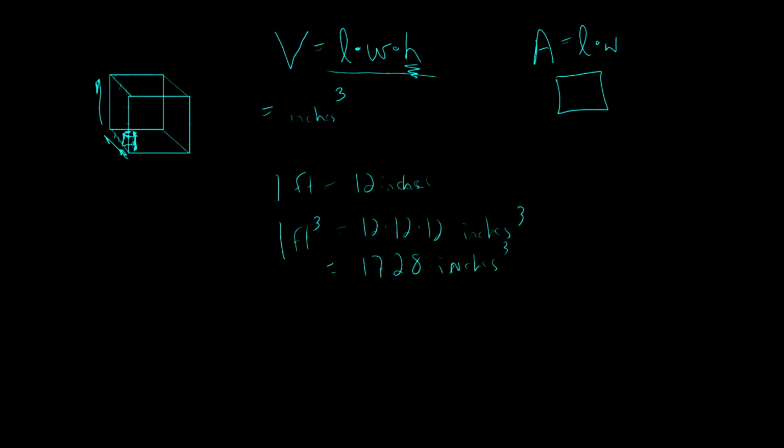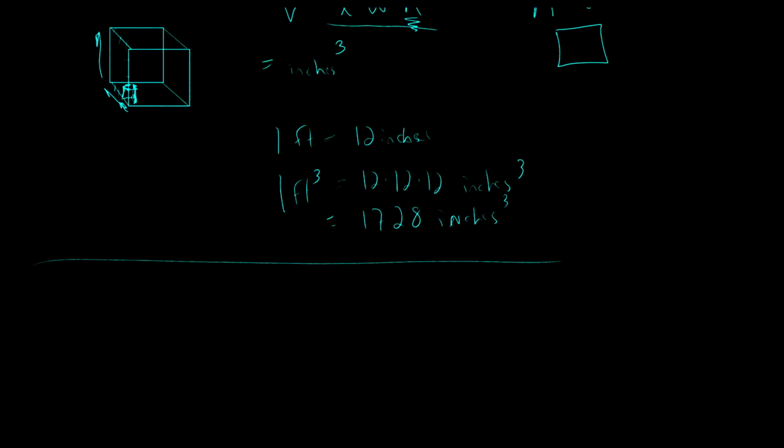And so we can count up the number of cubes and figure out their volume. But there's a really neat other system we use for volume, and that's not just the inches cubed.